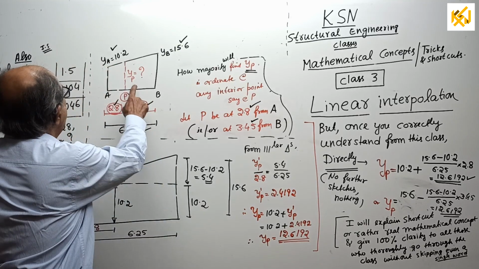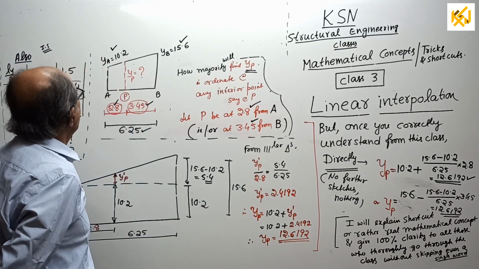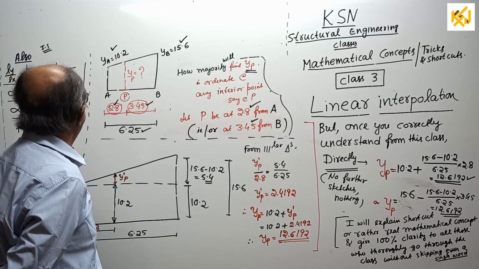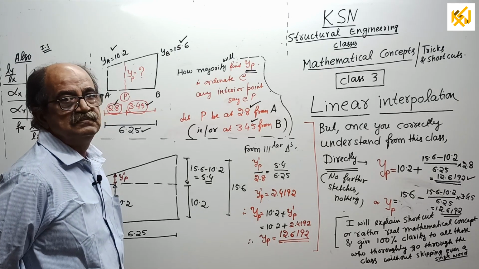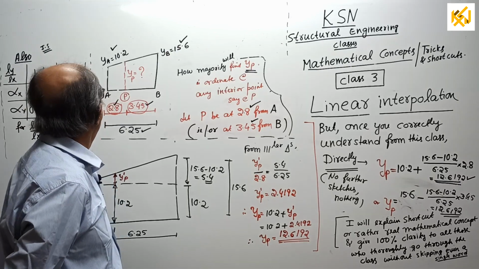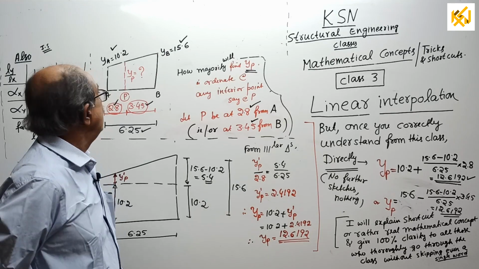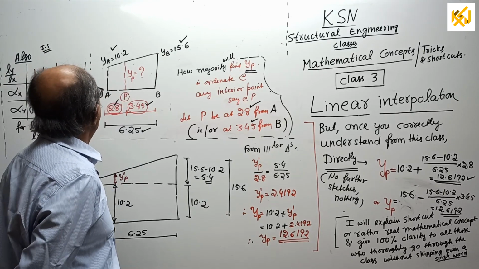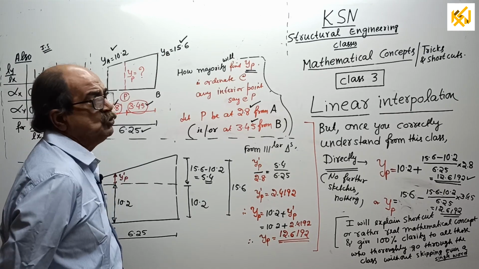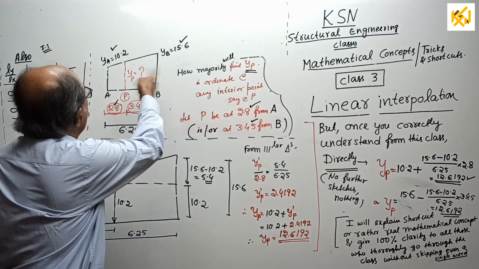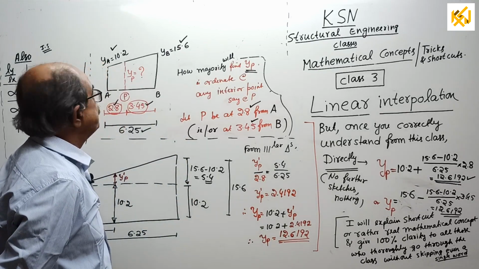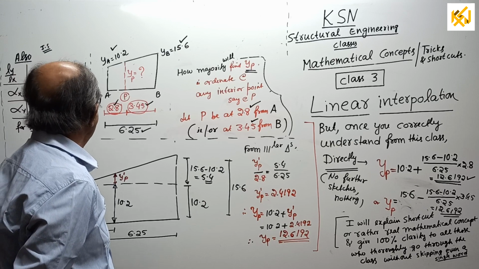See, YP equals 10.2 plus 15.6 minus 10.2 divided by 6.25 and 2.8. Clear? What I told, once again: 10.2 plus 15.6 minus 10.2 divided by 6.25 into 2.8. Or, if you do from that side, 15.6 minus 15.6 minus 10.2 divided by 6.25 into 3.45.